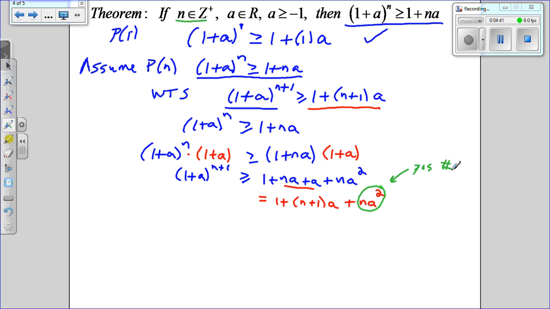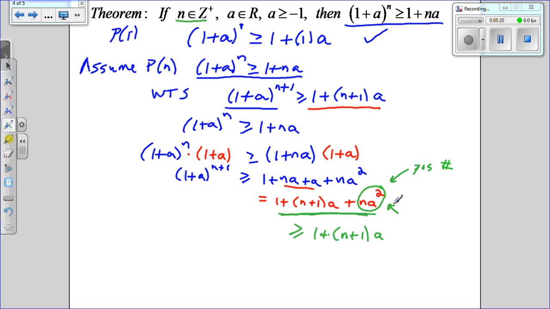Couldn't it be said then that since na squared is positive, this expression is greater than or equal to 1 plus the quantity n plus 1 times a? Essentially what we just did was take that positive term and throw it away.